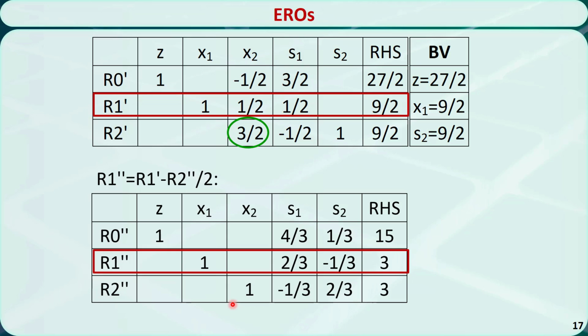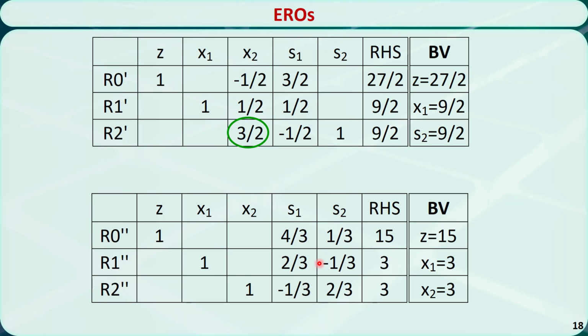Finally, this is the updated tableau. Now the basic variables are x1 and x2, and non-basic variables are s1 and s2. We set non-basic variables to 0 and solve for basic variables. The basic variables are x1 is equal to x2 is equal to 3. The z value is 15.